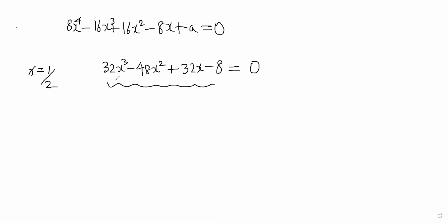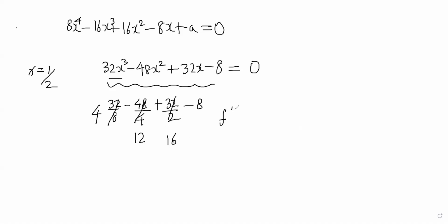At x equal to half, this is 4, 20 into 0. f dash half is 0. So the minimum value is happening at x equal to half.